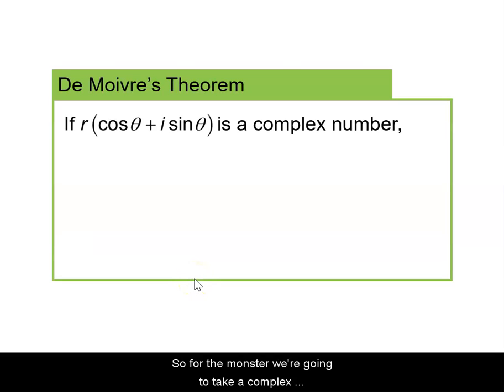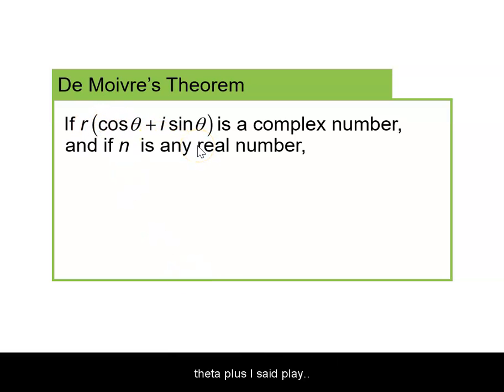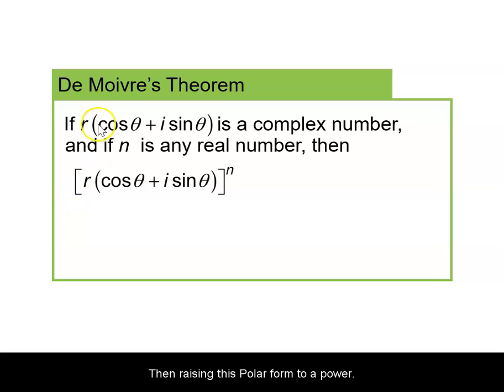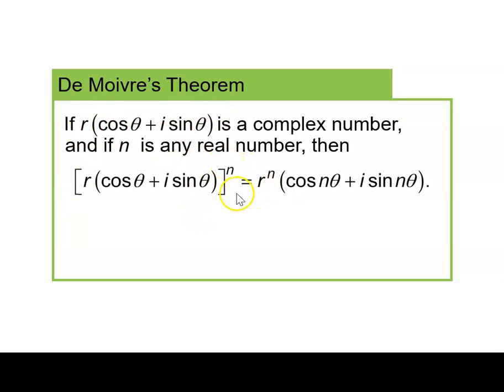For de Moivre's theorem, we take a complex number in polar form, r times cosine theta plus i sine theta. If n is any real number, so a rational, a whole number, or an irrational number, then raising this polar form to a power has this equation.